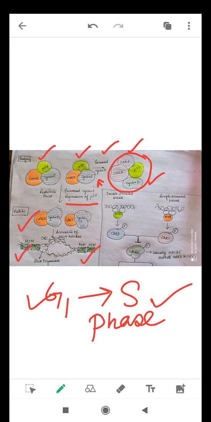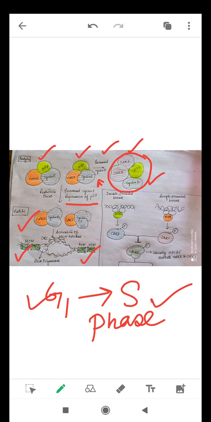So first you have to repress down the P27. For repression of P27, you have to increase the synthesis of your cyclin D. Once cyclin D is synthesized, the P27 will have more affinity to cyclin D rather than cyclin E. So cyclin D, CDK4, 6 and P27 forms a complex, whereas CDK2 and cyclin E is relieved.